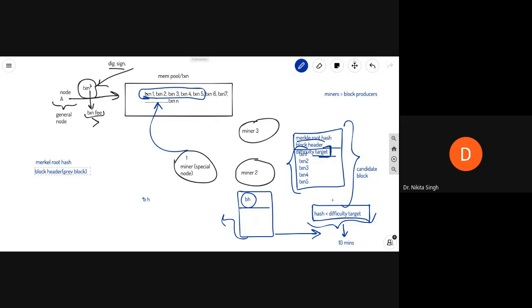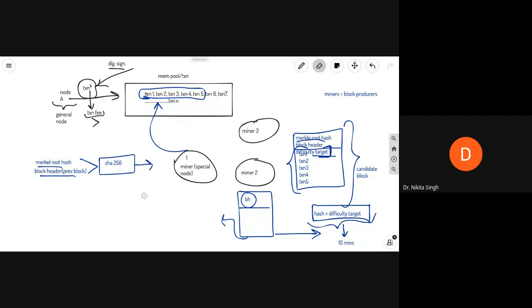So in order to add a new block, you will have to link it to the previous block, which is why you're using the block header of the previous block. So these two parameters you need to pass through a SHA 256 function.